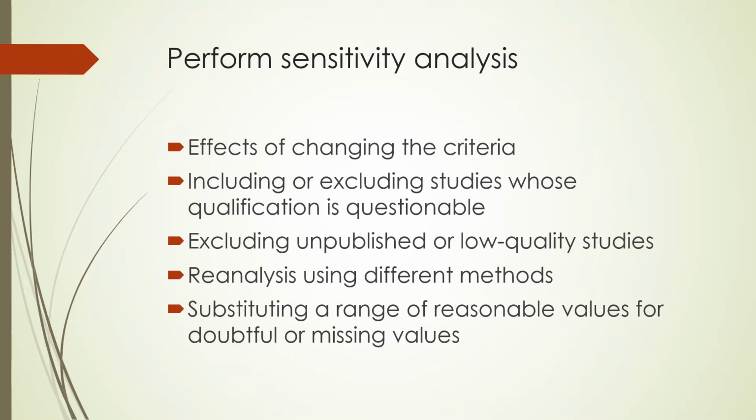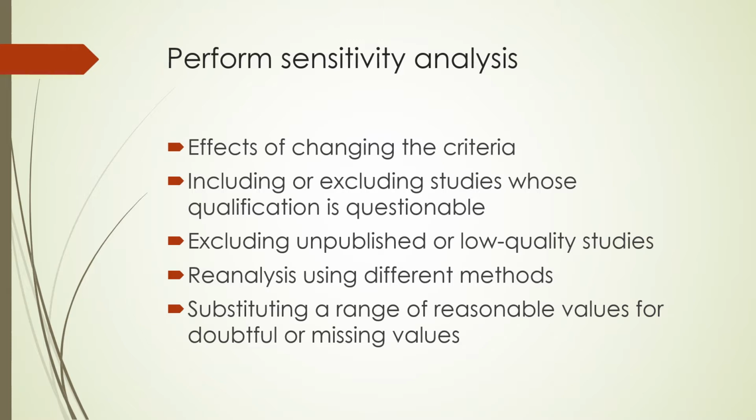A final thing that Gates suggests is to perform sensitivity analyses. And there are some very formal approaches to sensitivity analysis that I won't get into here. He was talking more about qualitative approaches to looking at this.